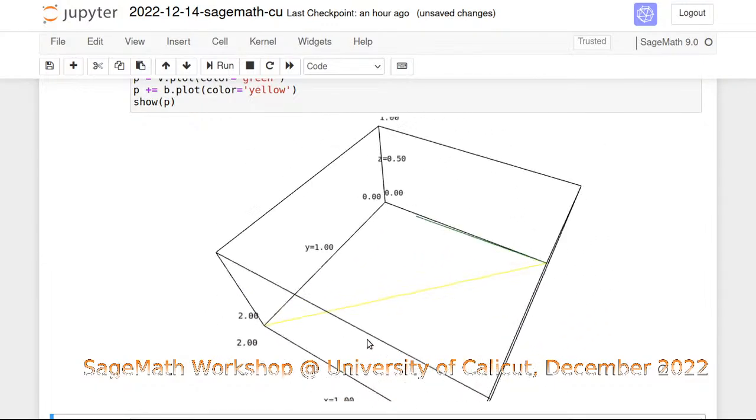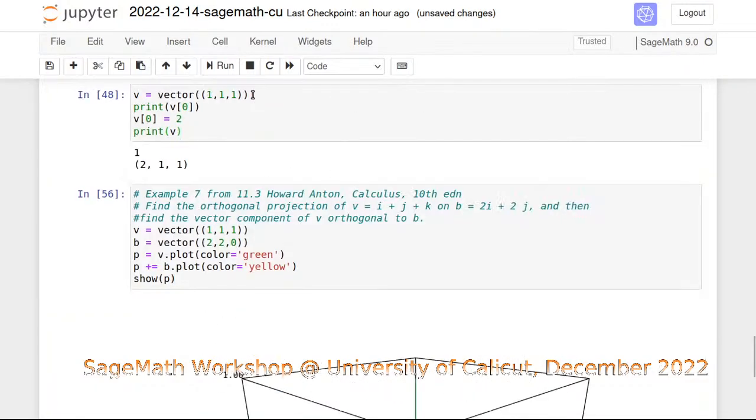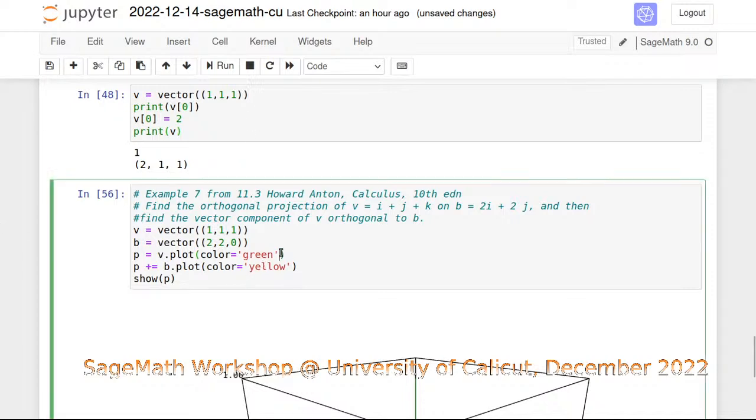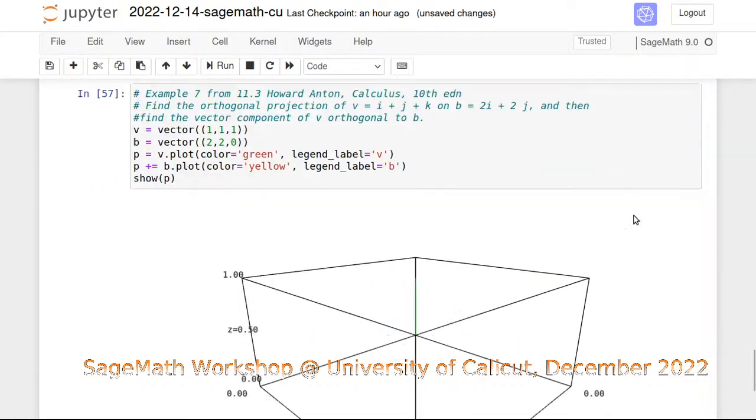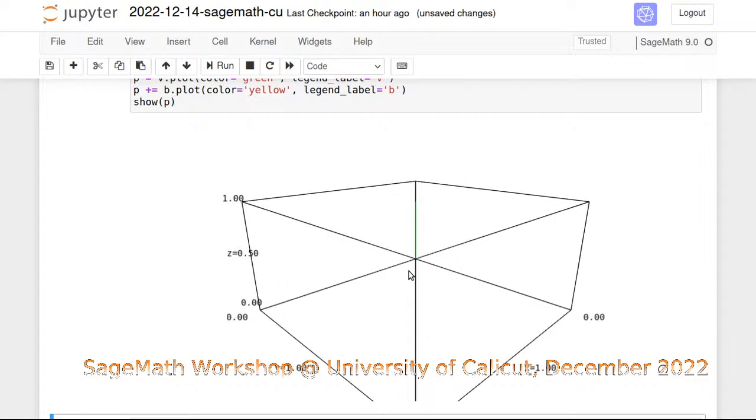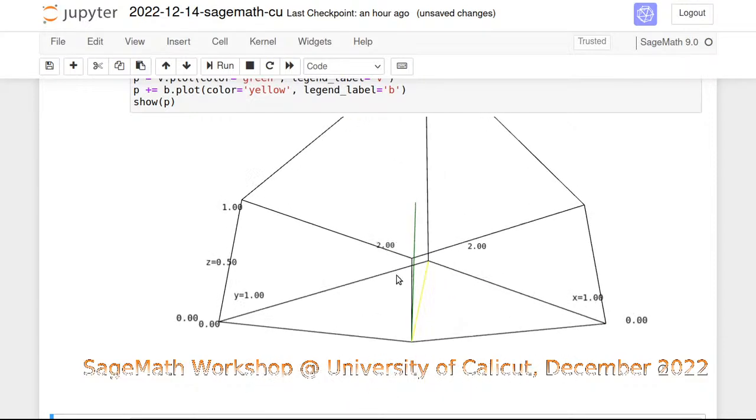Two vectors. So one is a B vector. Maybe we can put some legend label, V and B. I don't know whether the legend label is actually supported in 3-dimensional.